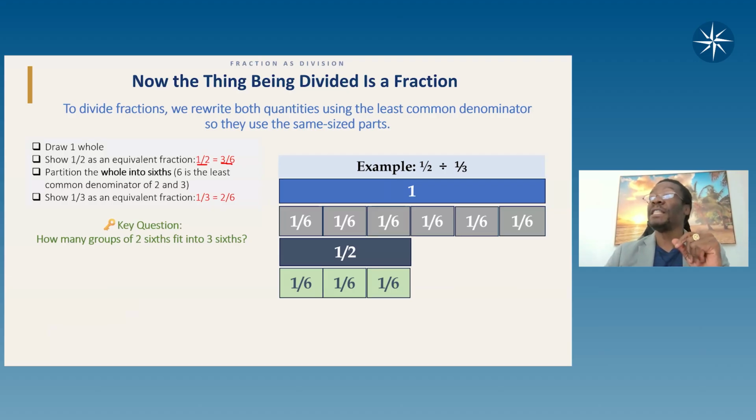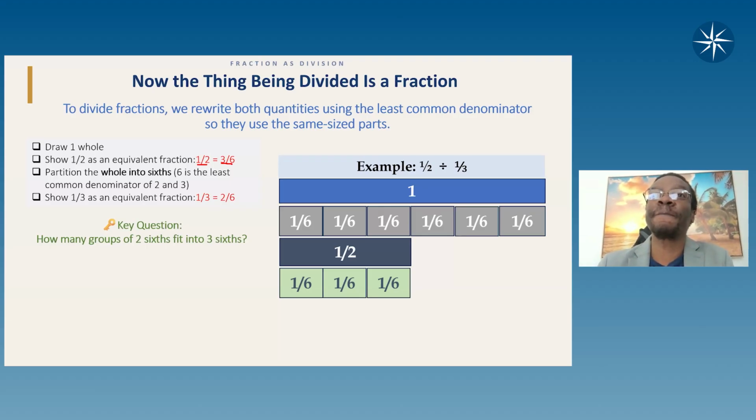So we build these blocks physically. Now the question is, how many groups of 2/6 can fit into 3/6? That's the key question. How many groups? Same level of questioning. How many groups of 2/6 can we fit into 3/6?